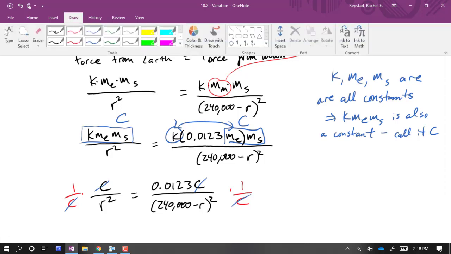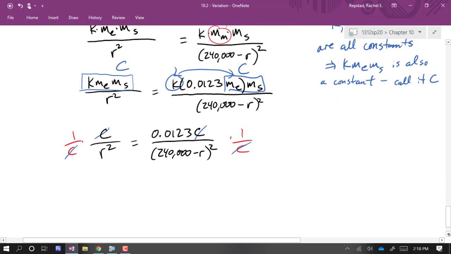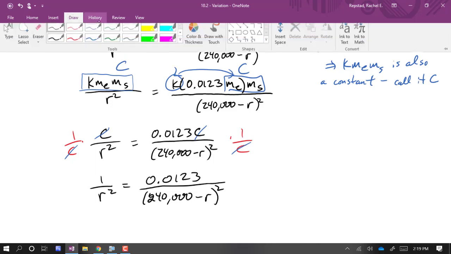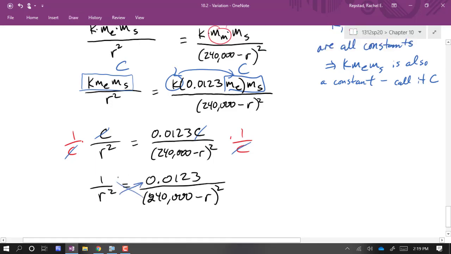So now we really, honest to goodness, have an equation with only one unknown. That's a pretty sweet spot to be. This is a proportion, one fraction equal to another fraction. Let's go ahead and set the cross products equal to each other.